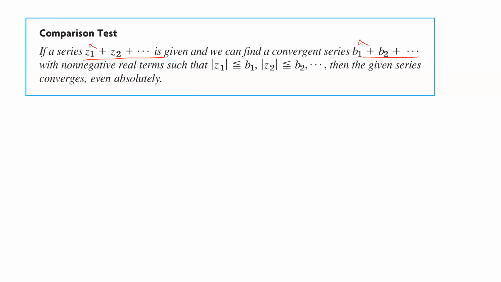Then you can decide that if the bigger one is convergent, the smaller one is also convergent. So if absolute value of Z1 is less than B1, absolute value of Z2 is less than B2, and so forth, then the given series Zn is absolutely convergent. That means in short, if you have a bigger series and it's convergent, the smaller series is also convergent. All right.